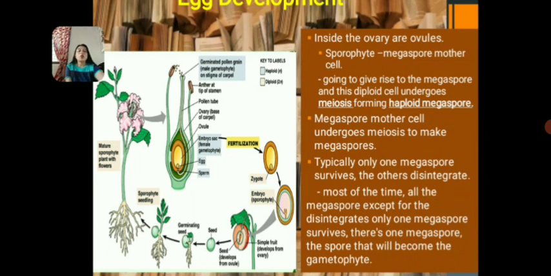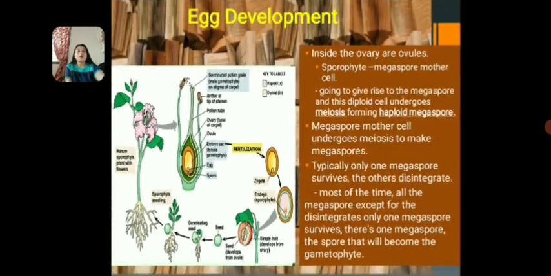Typically, only one megaspore survives, the others disintegrate. There's one megaspore, the spore that will become the gametophyte.